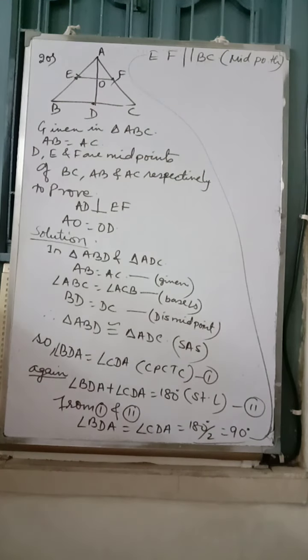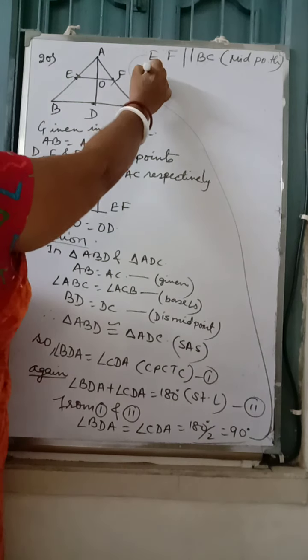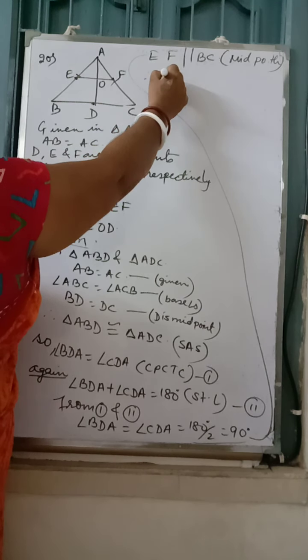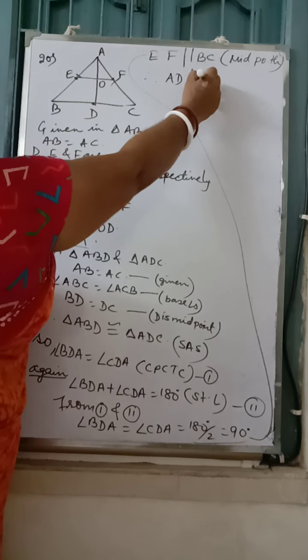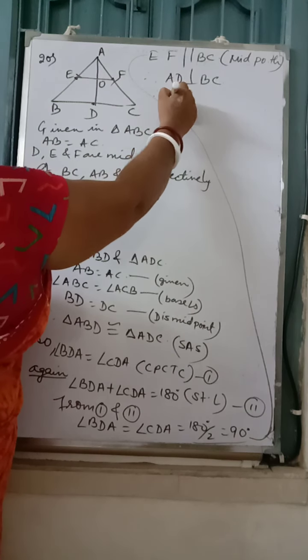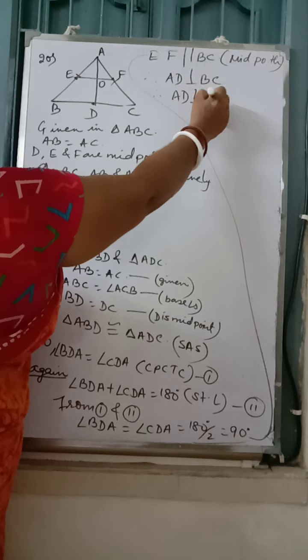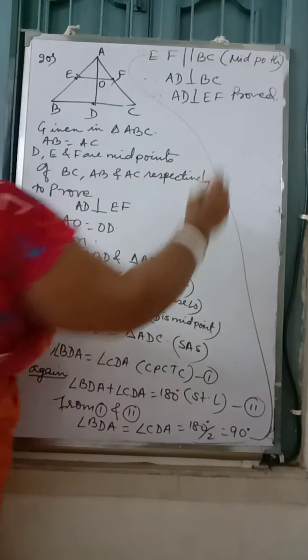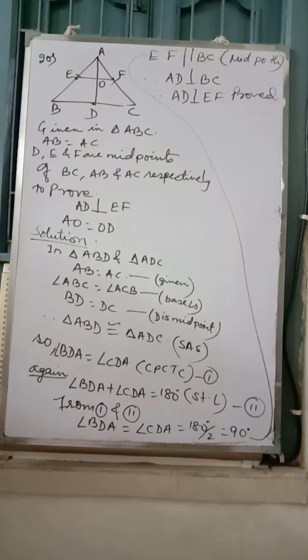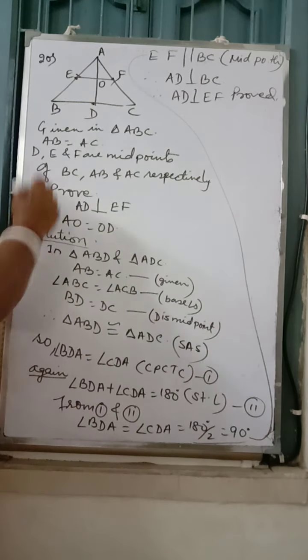If this is parallel, AD perpendicular to BC, so AD is perpendicular to EF, proved. This first thing is proved.